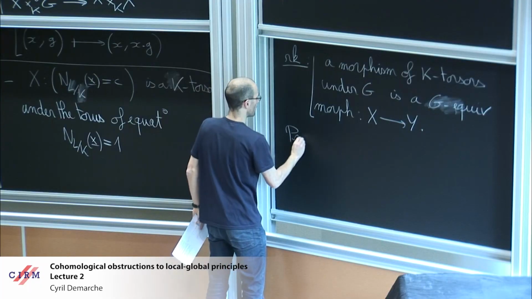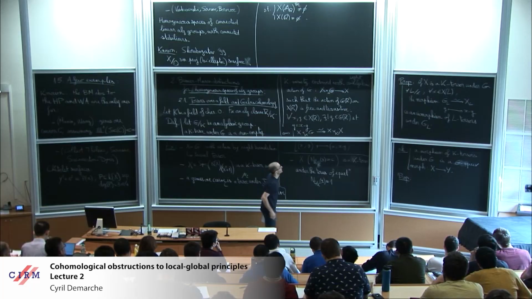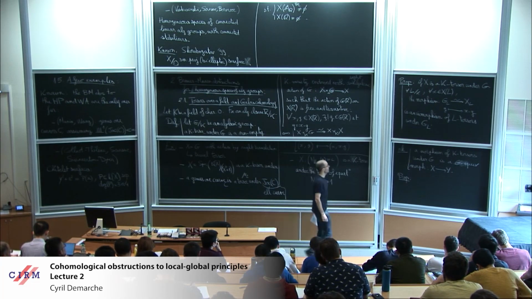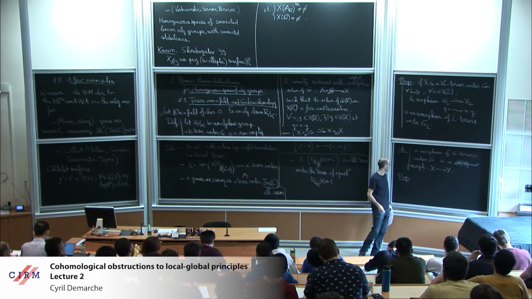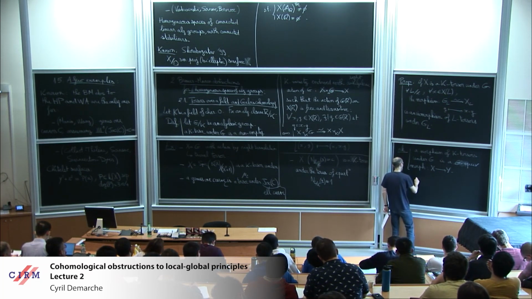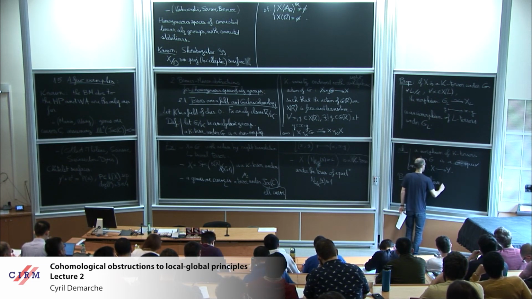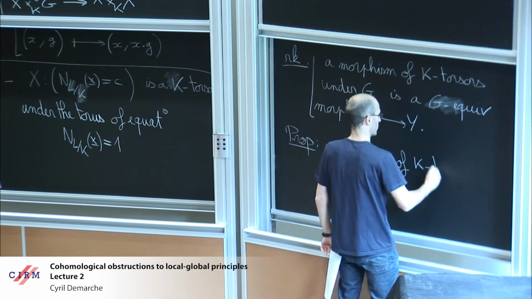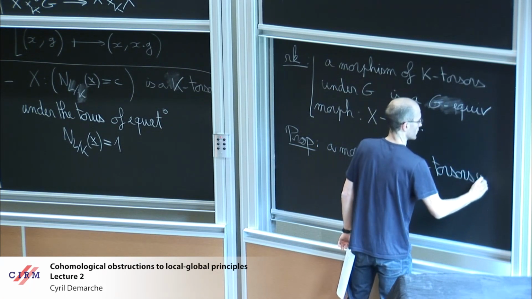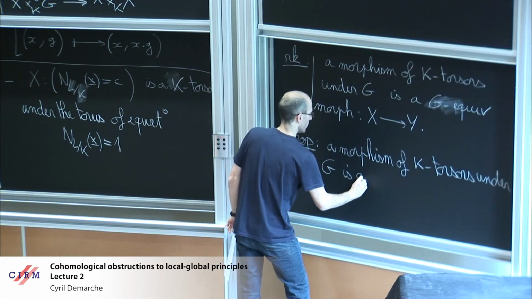A second proposition, which is an easy consequence of the previous one, is that a morphism of K-torsors under the same group G is an isomorphism.